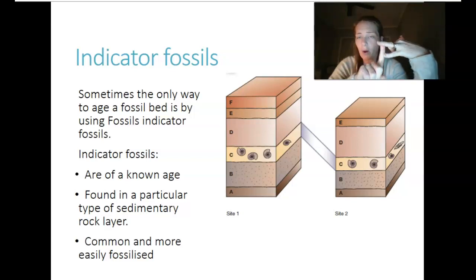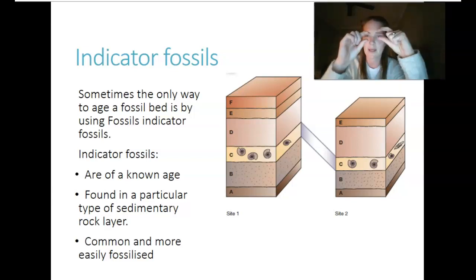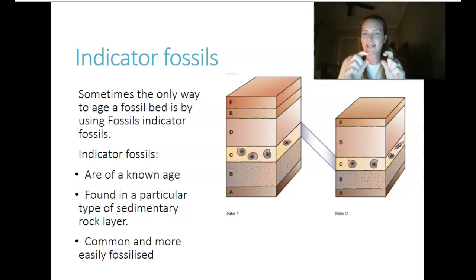We know how old they are. They are found in a particular age time. They've been dated, so we know that they existed in this particular age and era.